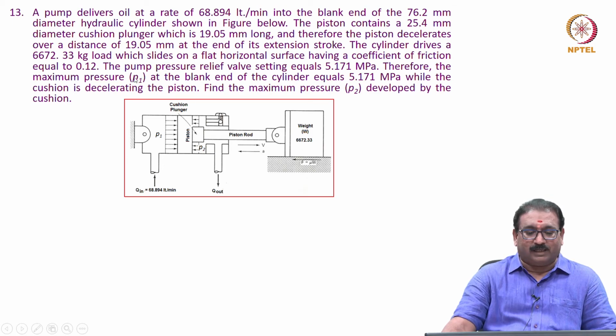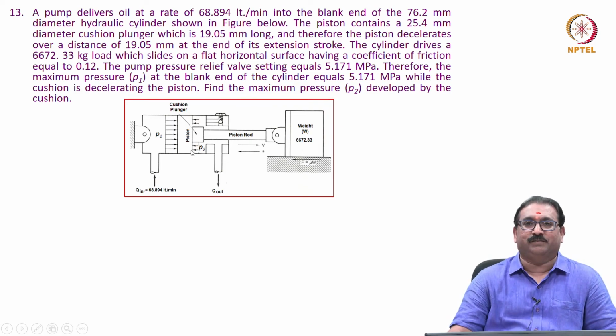Therefore, the maximum pressure P1 at the blank end of the cylinder equals the same pump pressure, correct, 5.171.